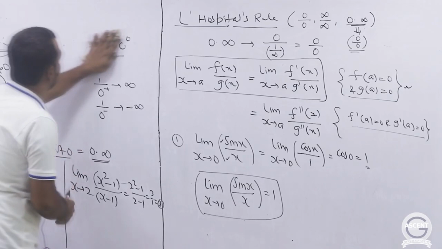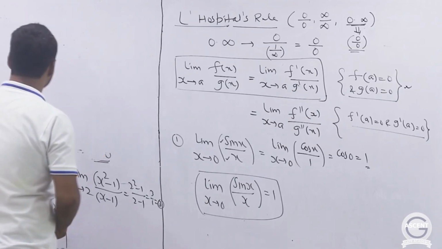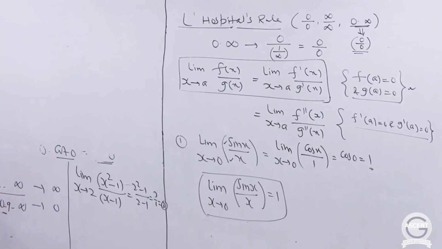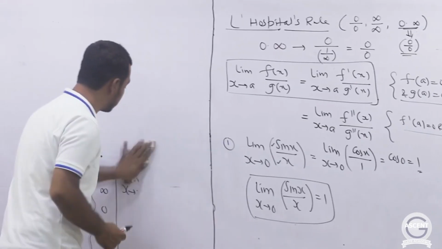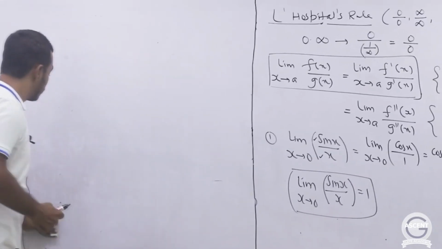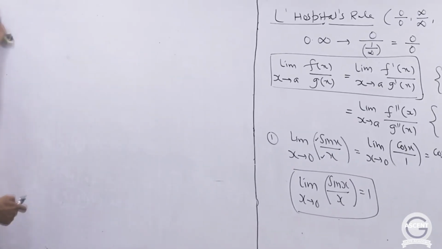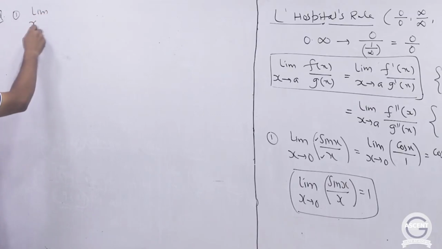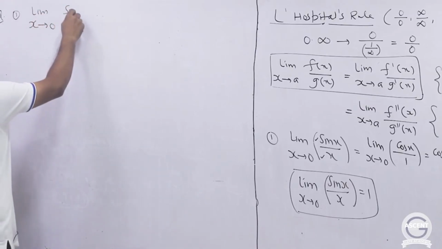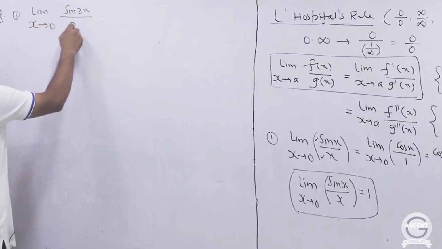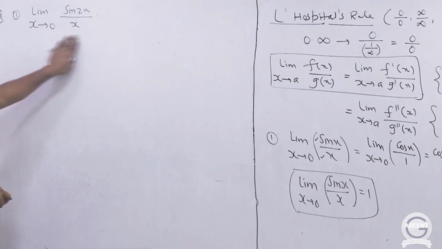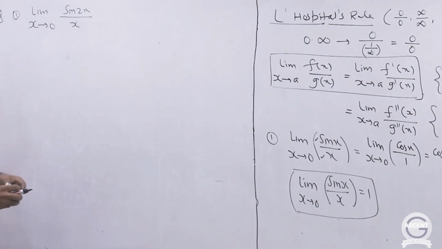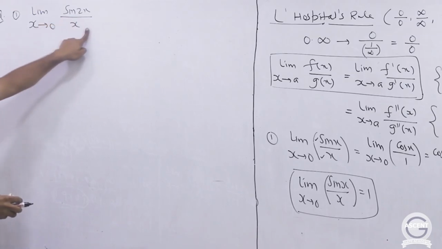Now there are a number of types of questions that are asked based on this formula. So we are going to see some examples of how to use this formula. Suppose I have to find the value of limit x tending to 0 sin 2x by x. Here also you can see that this is 0 by 0 indeterminate form.